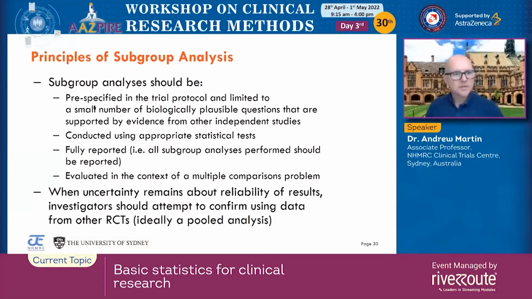They should be conducted using the appropriate statistical tests, and this is a test of interaction or a test of effect modification. I'll give an illustration of that kind of thing on the next slide. We should fully report all of the subgroup analyses that are undertaken so the reader can appraise any interesting result in full context.